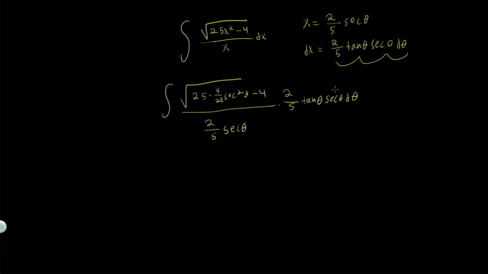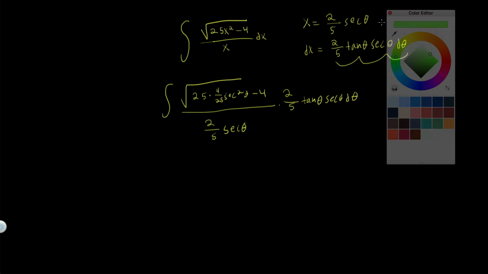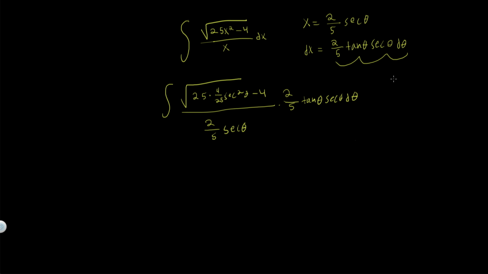Okay, we have a lot of simplification to do, so let's think about this. Before we do any of that, we need to recall an identity. Tangent squared theta plus secant squared theta, actually, that is not the identity. Tangent squared theta plus 1 is equal to secant squared theta.